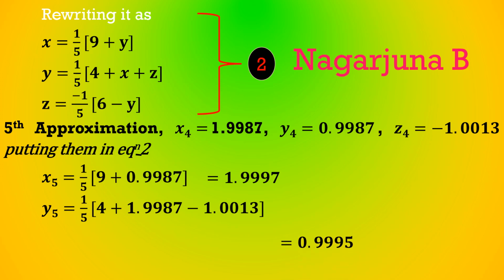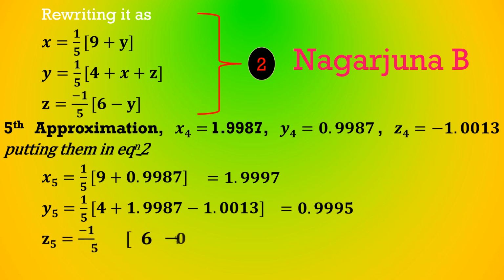Upon simplification you will get 0.995. Then z5 is equal to minus 1 divided by 5 into 6 minus 0.9987. Upon simplification that answer is minus 1.003. These are the values of x5, y5 and z5.